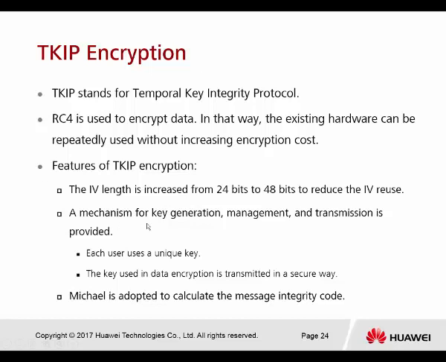Okay, a mechanism for key generation, management, and transmission is provided. So each user uses a unique key. This is the main difference compared to WEP encryption, because with WEP every user is using the same key. The key used in the data encryption is transmitted in a secure way.